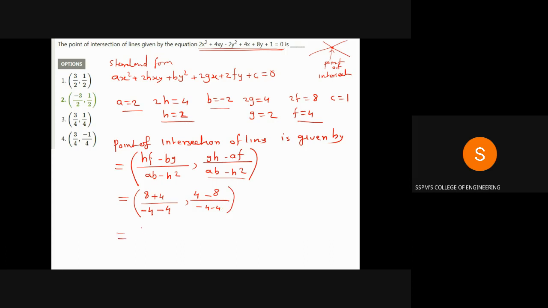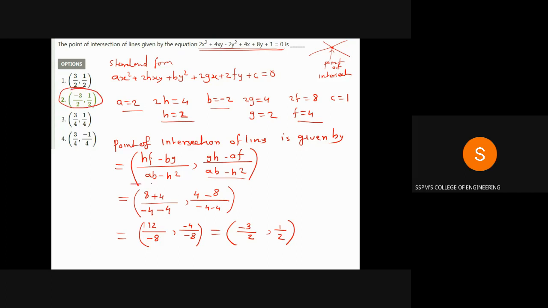As a result, we will get 8 plus 4 is equal to 12 divided by minus 8, comma minus 4 divided by minus 8, which is simply minus 3 by 2 comma 1 by 2. So that is our point of intersection, which is the second option here.